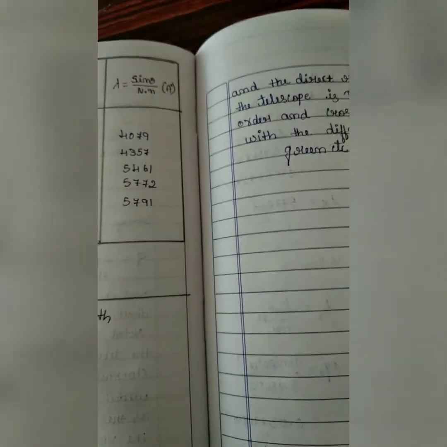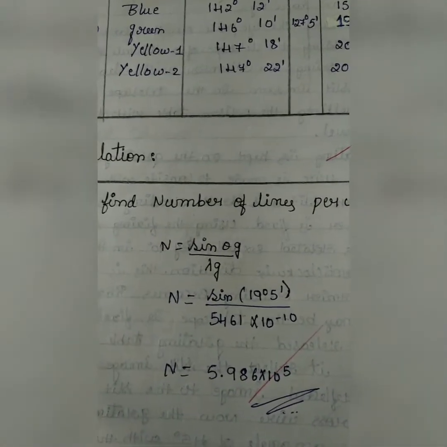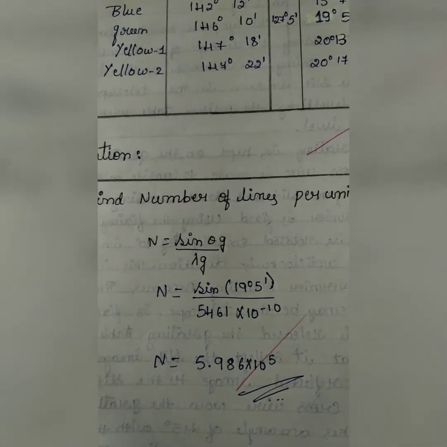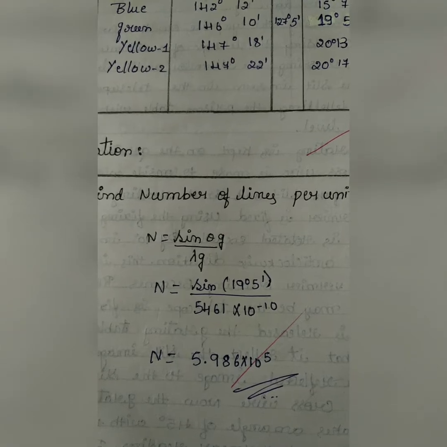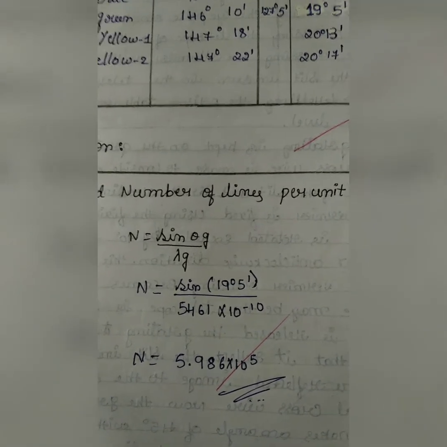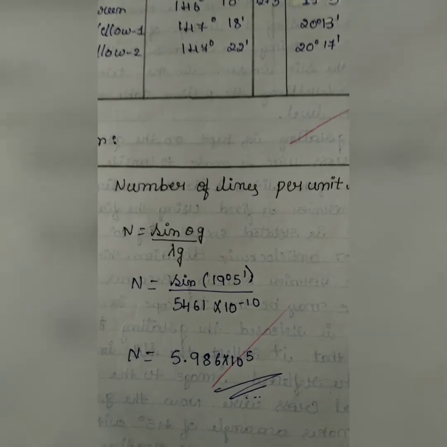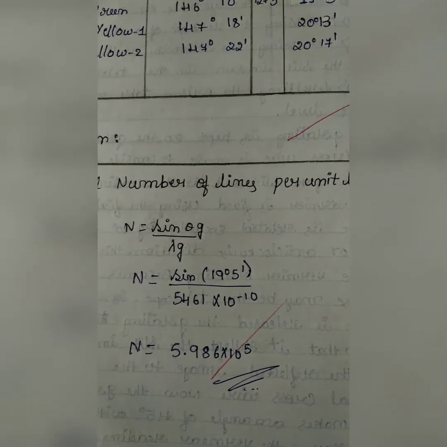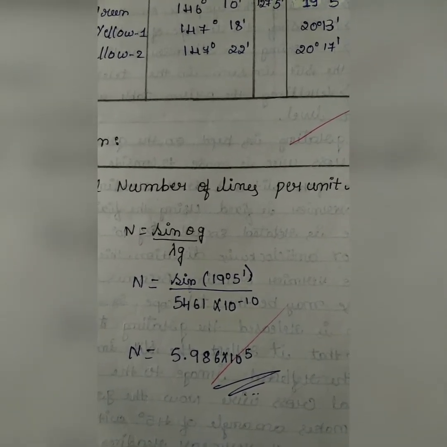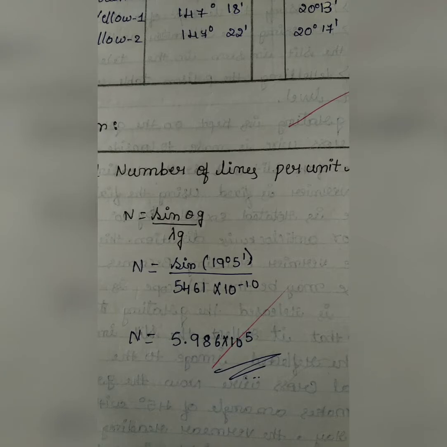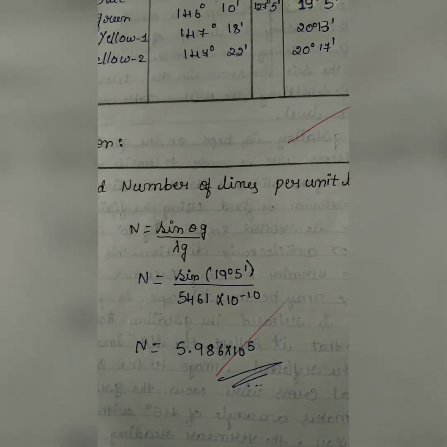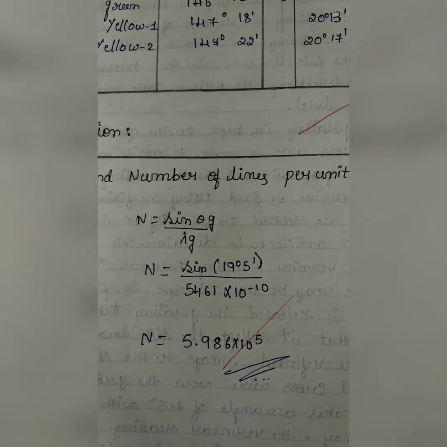Before that, you have to find out capital N. The equation for capital N is N equals sine theta g divided by lambda g, where theta g is the angle of deviation for green color and lambda g is the wavelength of green color, because green lies at the center of the 7 constituent colors.